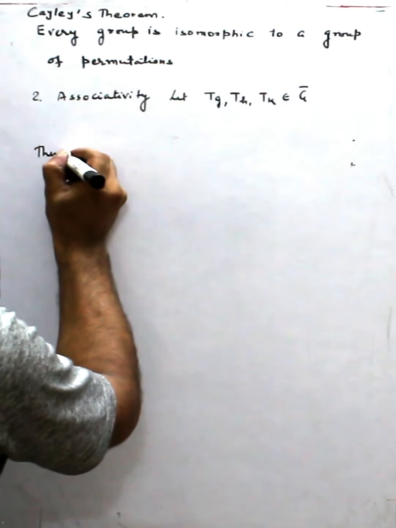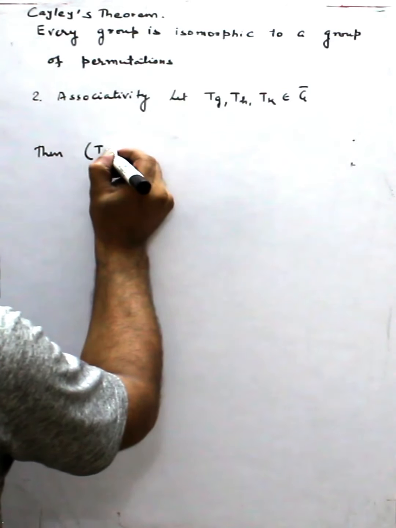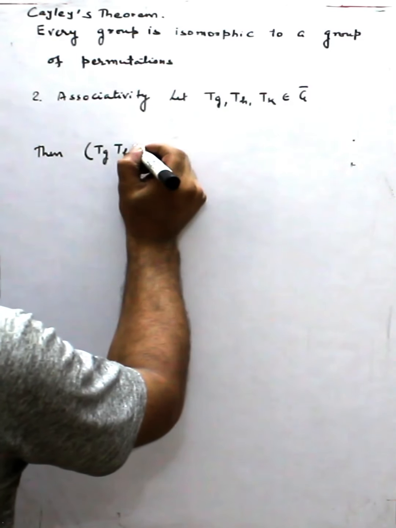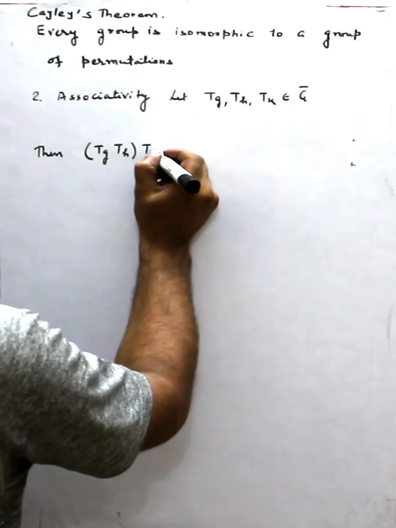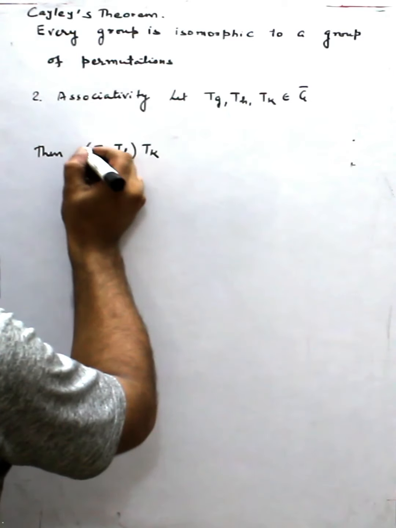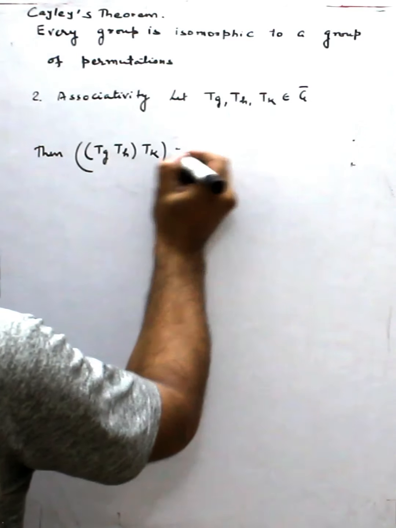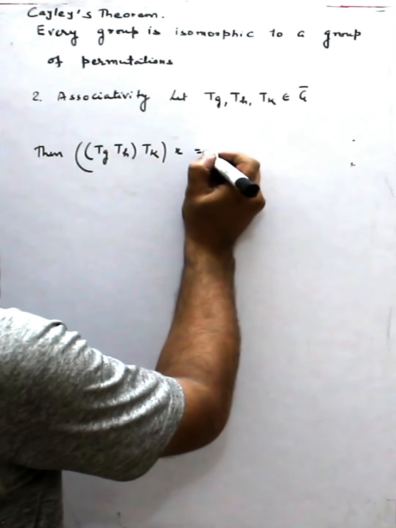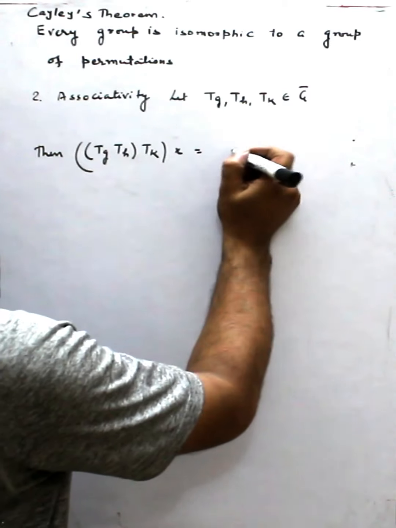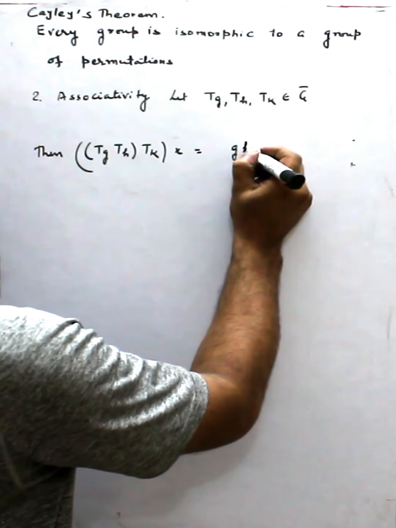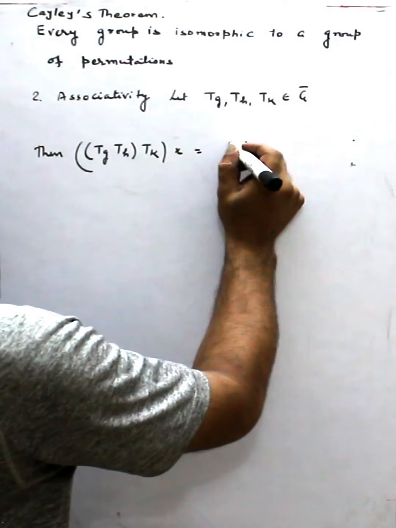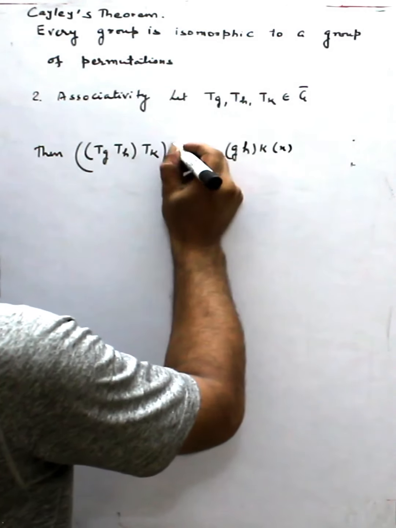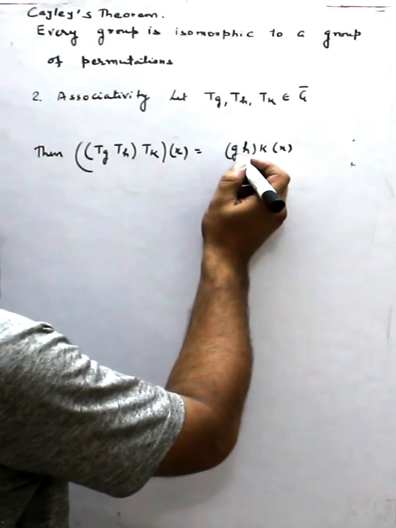Then consider Tg Th Tk. If I take this application on x, I am doing it in short, this becomes g h k x.